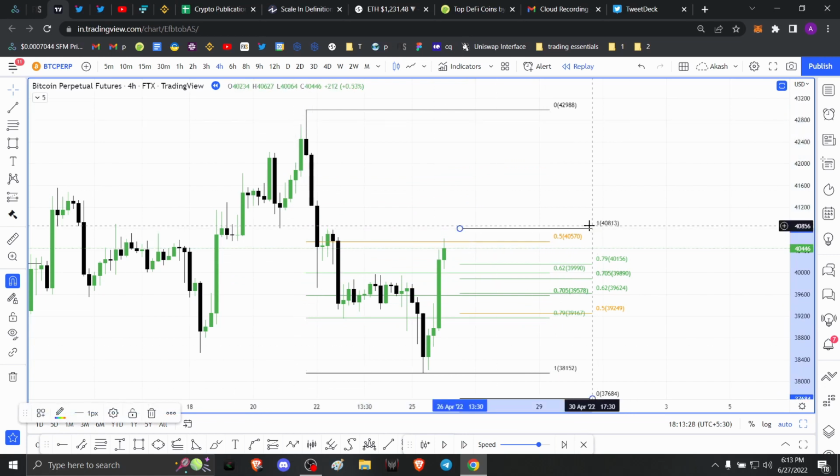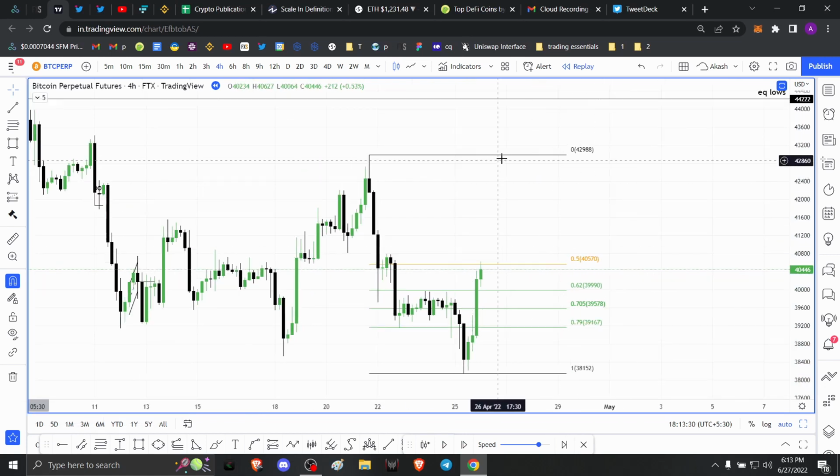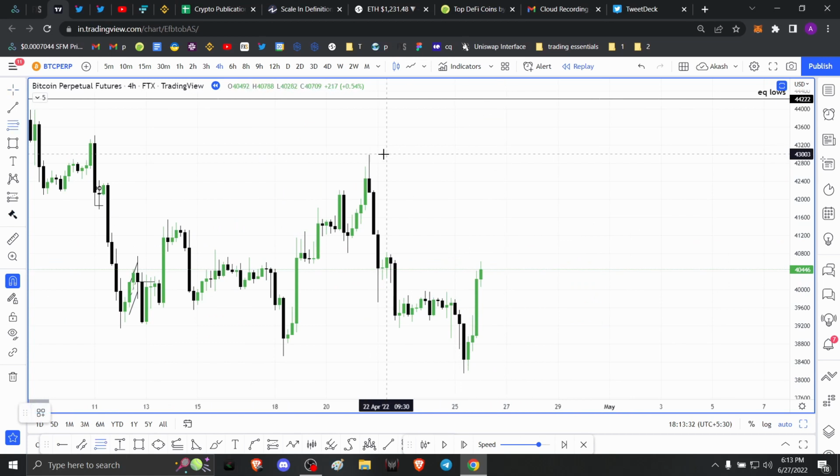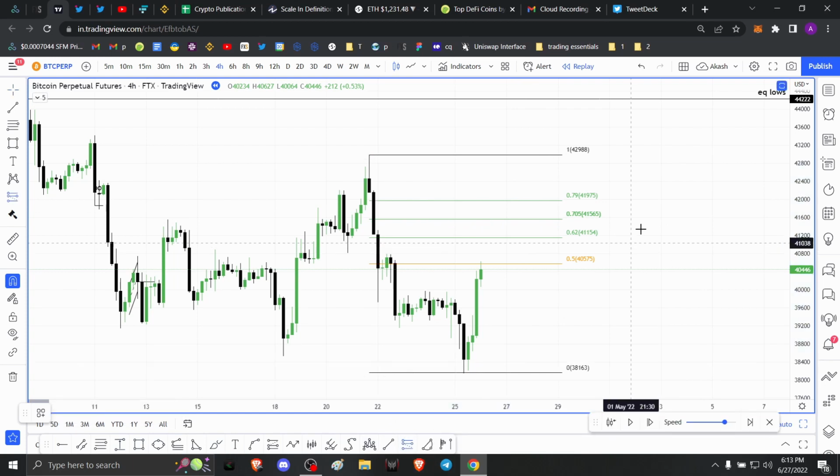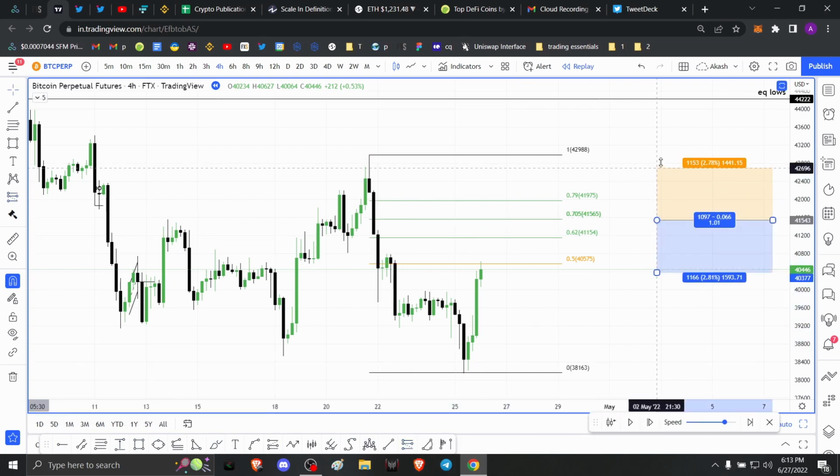You use the fib tools. Now what you do is, hold up, I haven't used it properly. Right, now you wait for the price to go up to the sweet spot again here, 70.5, and then you short. So basically this is your setup.